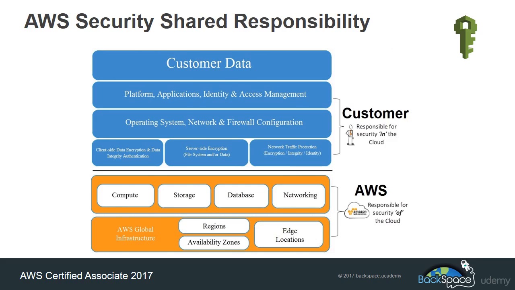So they have compute services such as EC2, storage such as S3, and our edge locations, regions, and availability zones. AWS will do everything they possibly can to ensure that is secure, but they're not responsible for what we put on their infrastructure.